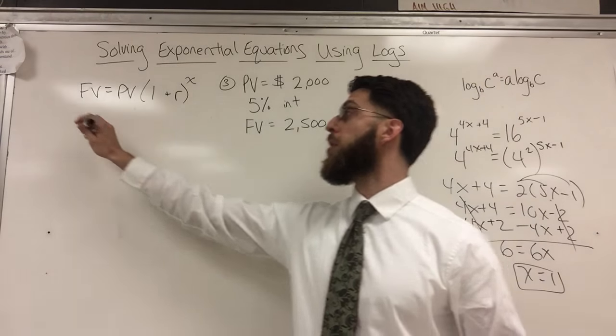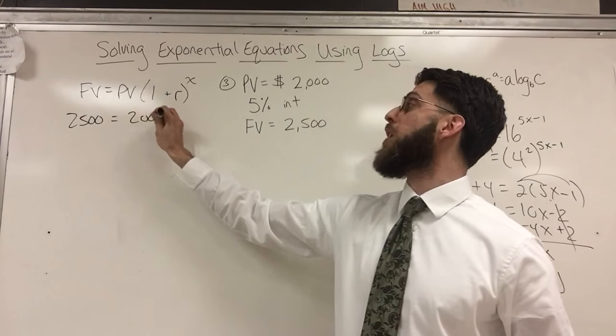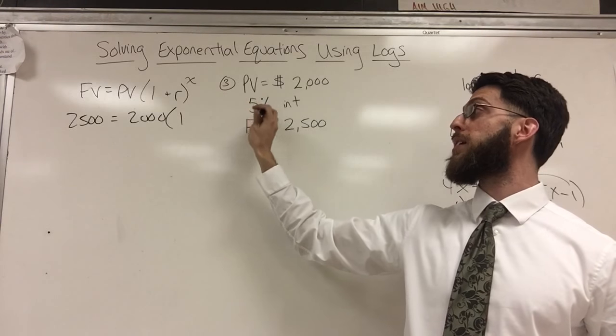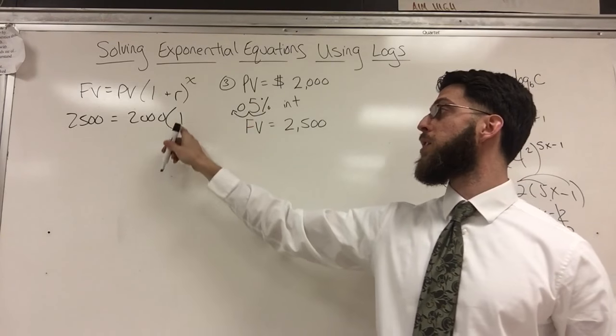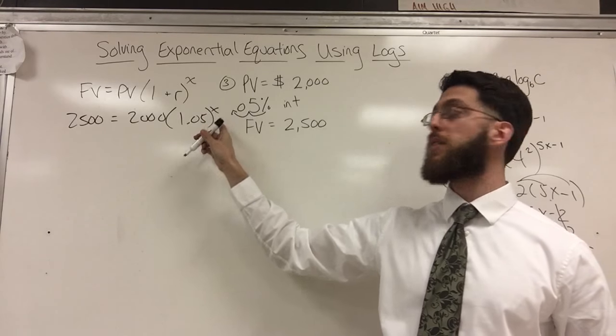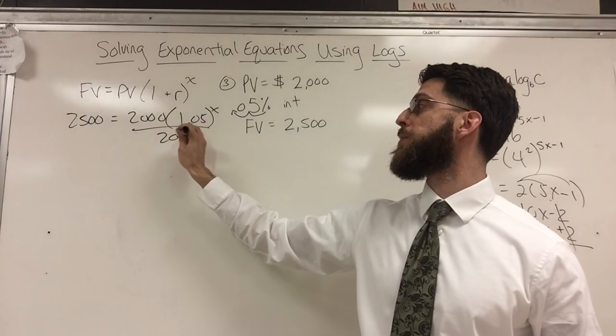So let's just plug in numbers now. I want $2,500 in the future. I have $2,000 now, and I'm going to have 1 plus the rate. The rate is 5%. You make that a decimal by moving that percent sign over twice and filling the hole with a 0. This becomes 1.05 to the x power, where I'm trying to find x. I got a bunch of stuff distracting me, so let me get rid of the 2,000.